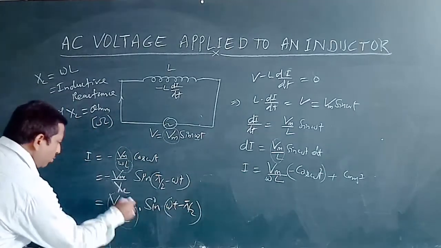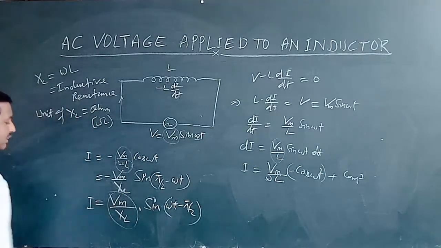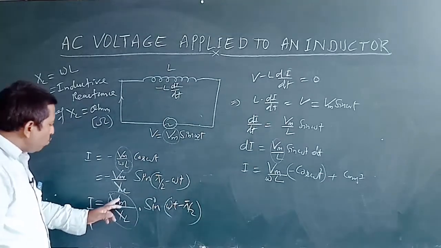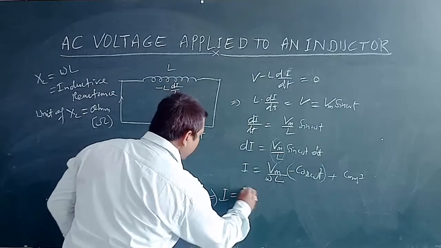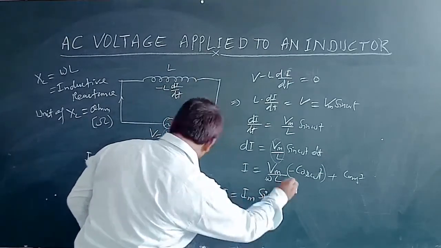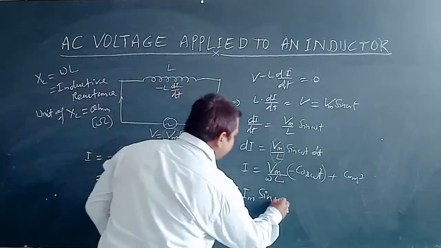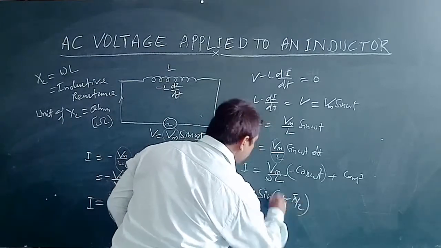This Vm by XL can be expressed as the maximum value of the current, so I equals Im sine of omega t minus pi by 2.